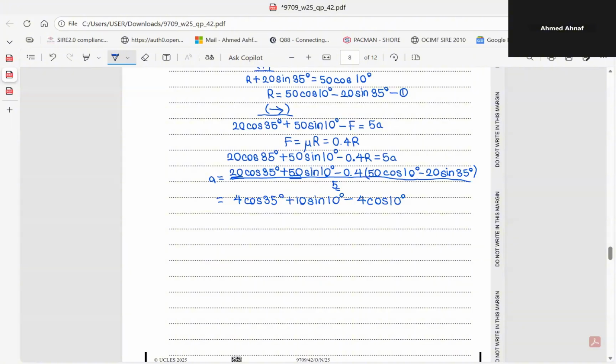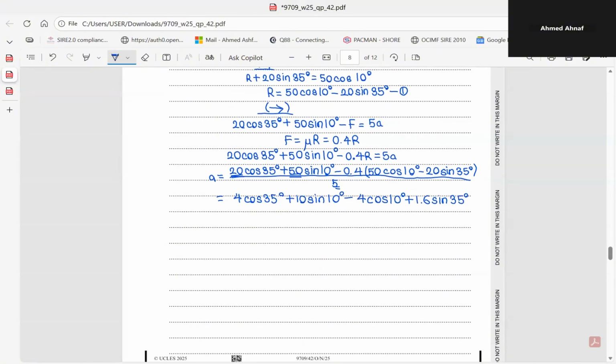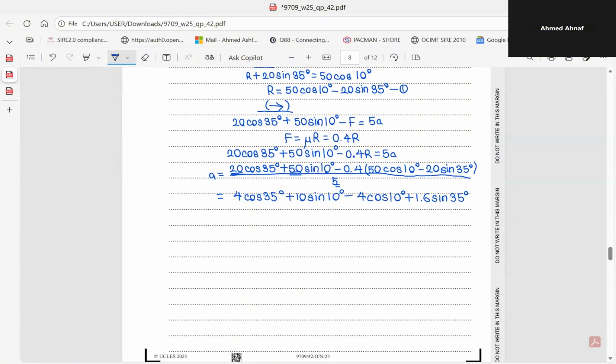Minus 0.4 times minus 20, that's 8 divided by 5, which is 1.6 sine 35 degrees. Yeah, so this is the value of A.